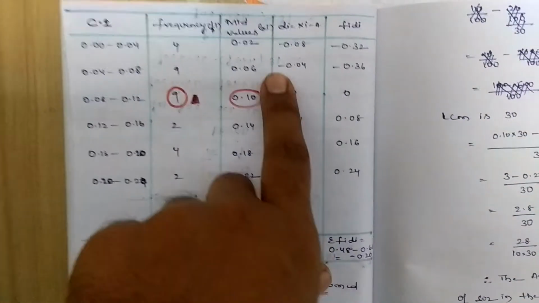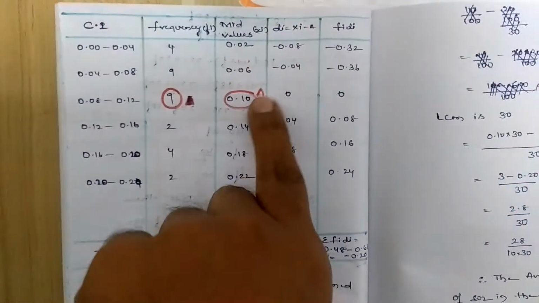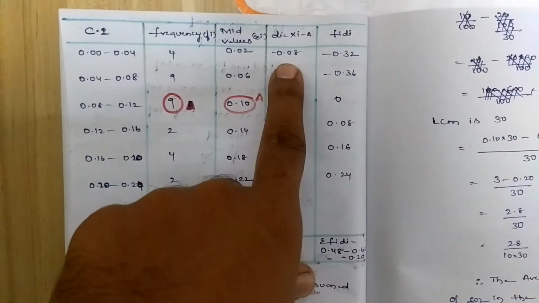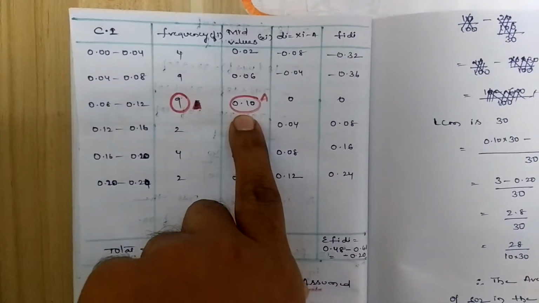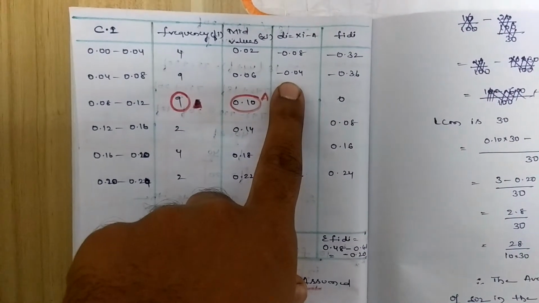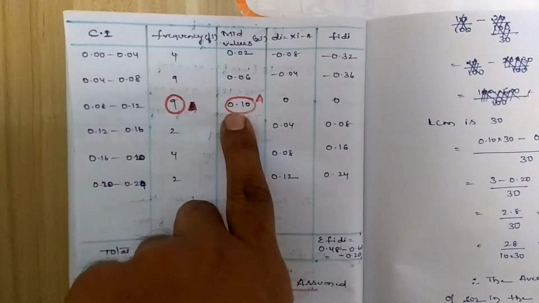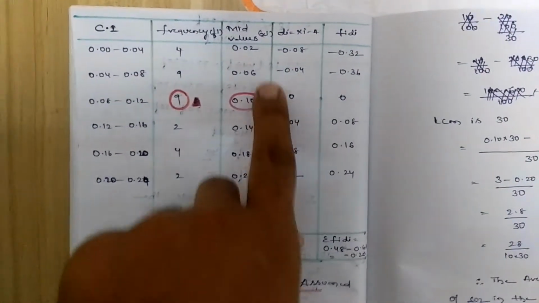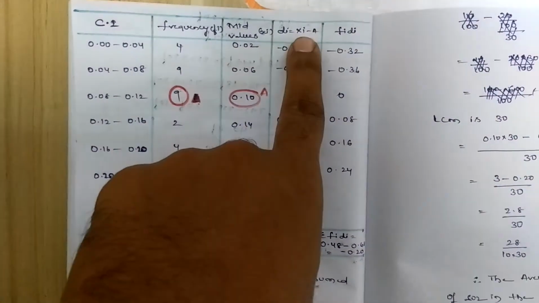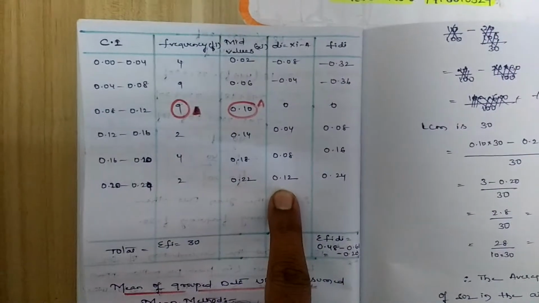Now 0.02 minus 0.10, we get minus 0.08. 0.06 minus 0.10, we get minus 0.04. 0.10 minus 0.10, we get 0. Like that you perform xi minus A for all values. You will get the results like this.